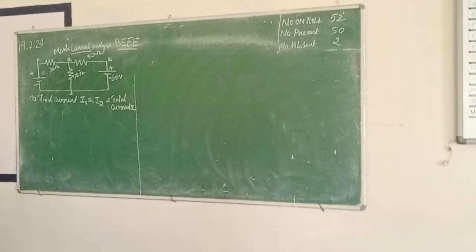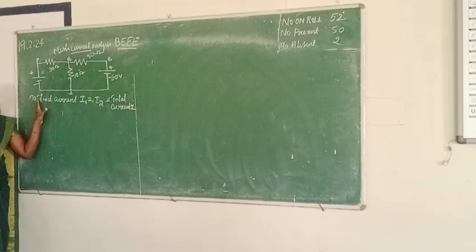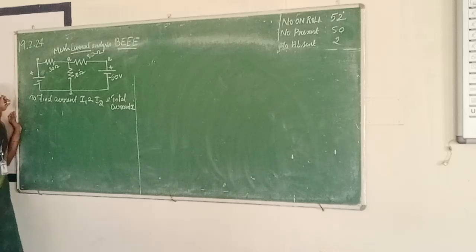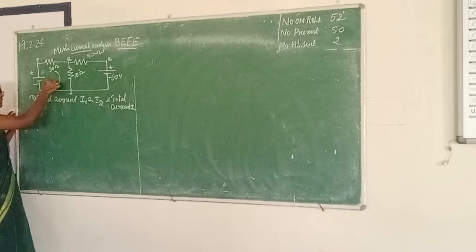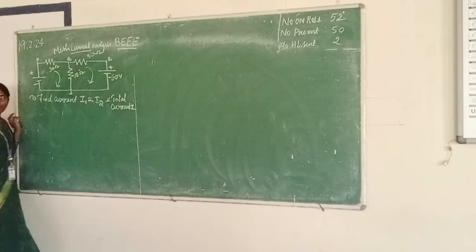Mesh current analysis. So listen carefully. In mesh current analysis, first what you have to do is mark the flow of current. Okay. So for our convenience, we are marking the current flow in the clockwise direction.